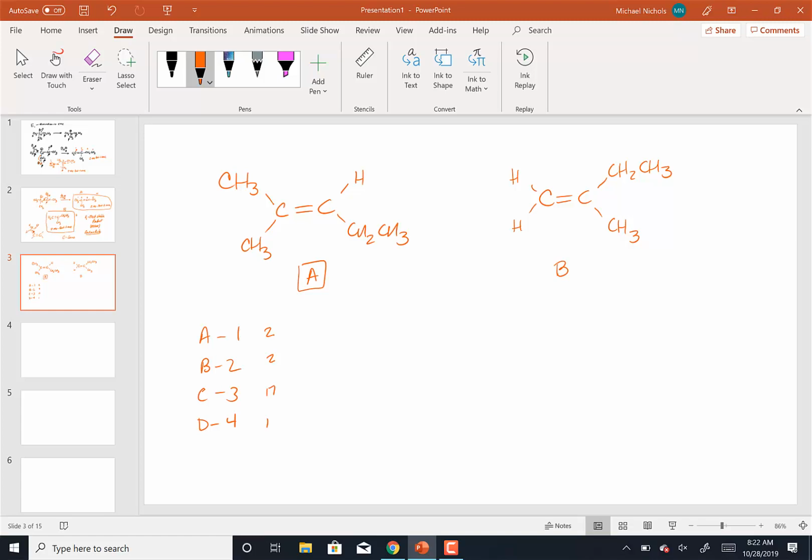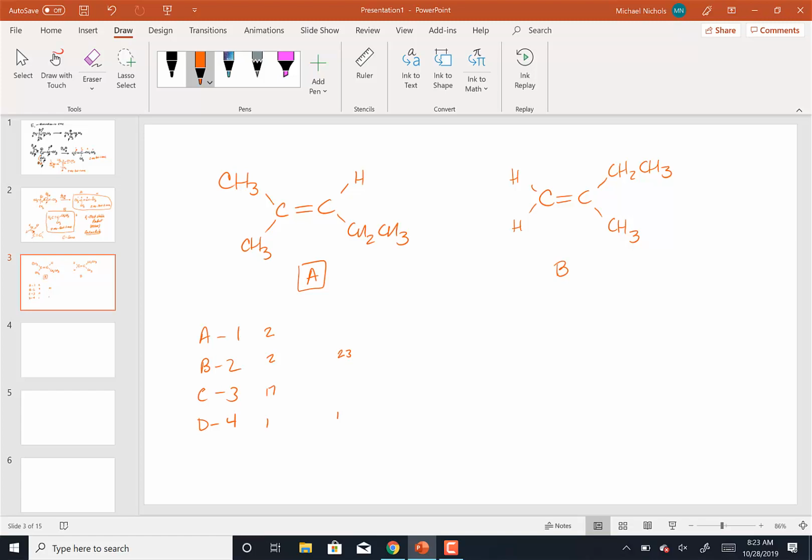How many alkyl groups are attached to the double bond in molecule B? We've got 23 number 2s, and 1 4.